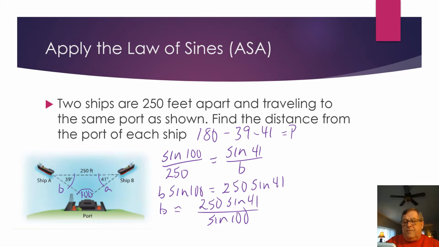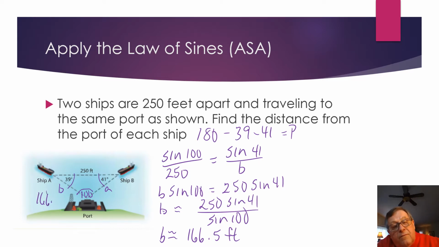So I got 250 times the sine of 41, divided by the sine of 100, and that gives us 166.5 feet. So that's this measure right here, which gives us the distance from ship A to the port. Don't get confused on how that's shaking out.